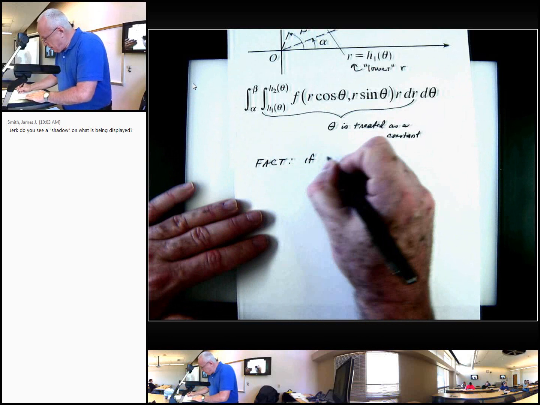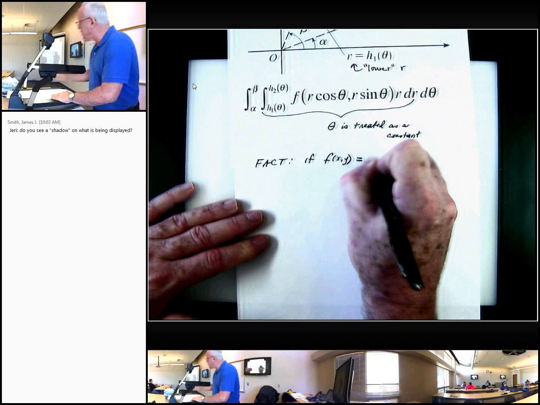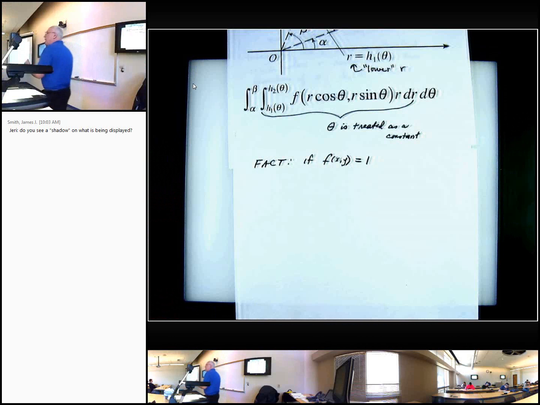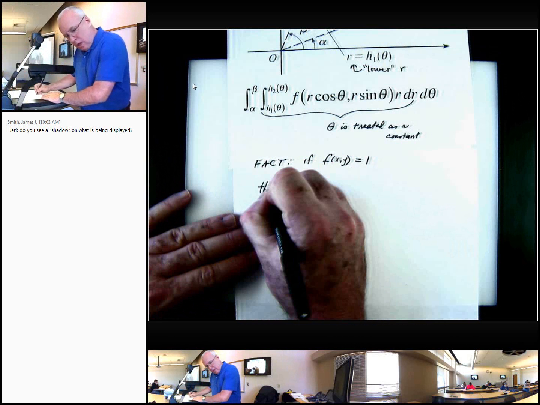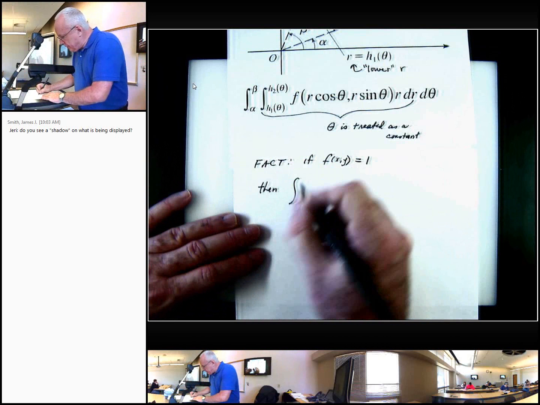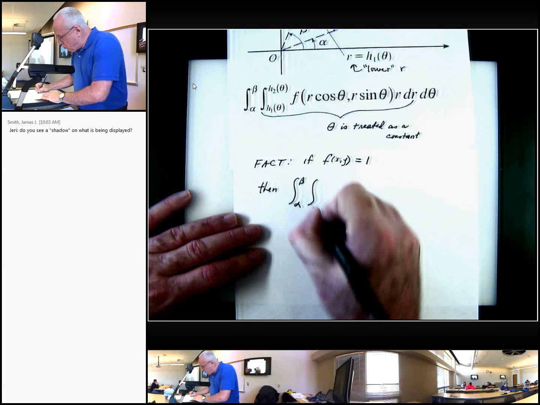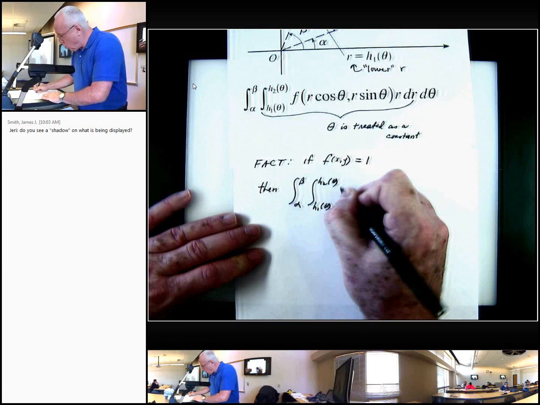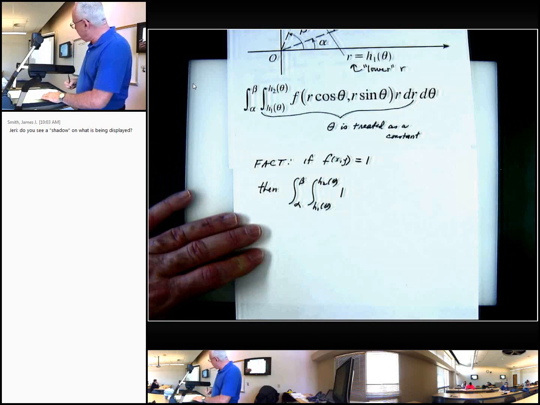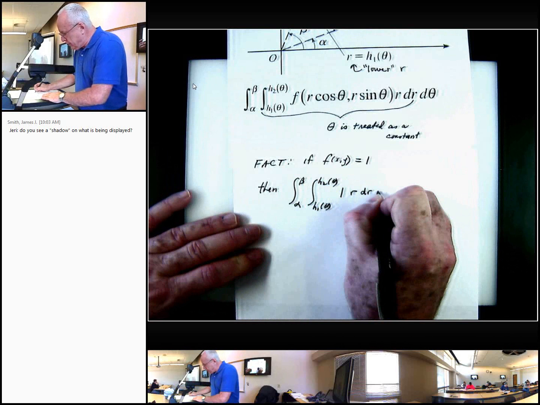If f(x,y) is just equal to 1, in other words, it's a constant function, then what we have is the integral from alpha to beta, integral from h1 of theta to h2 of theta, of 1, that's our function f(x,y), and then don't forget r dr d theta.